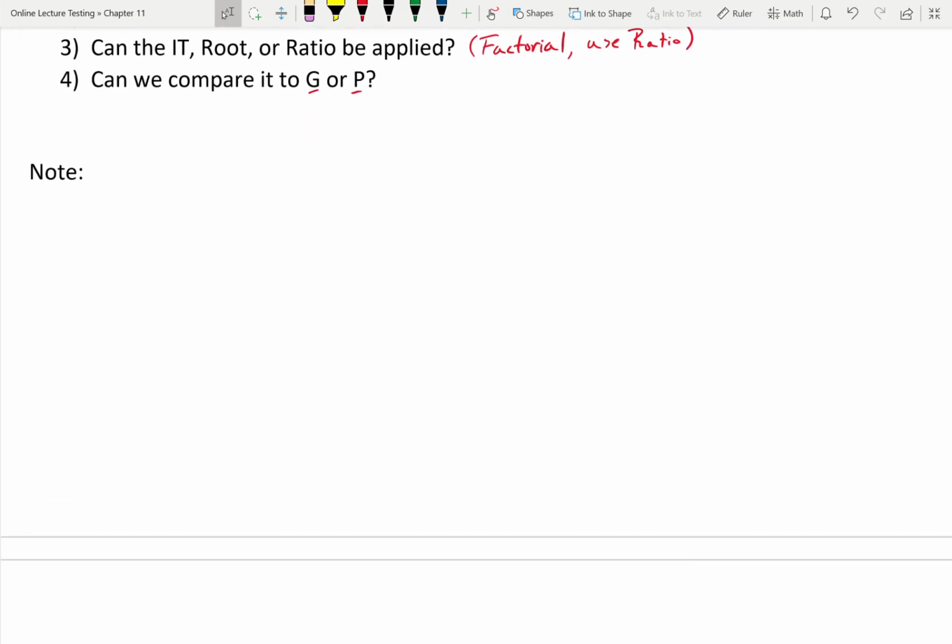So one note here: if the series does involve rational or algebraic functions of n, the ratio test should not be used.